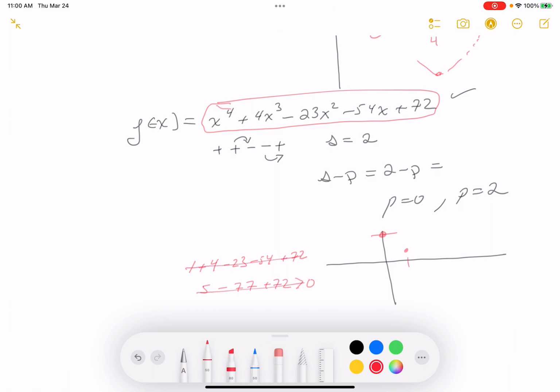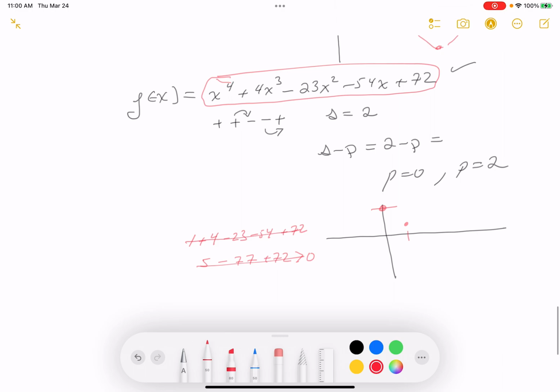Let me try 2. Let's put that down. We're at 2 now. Let's see what happens. What's 2 to the 4th power? 2 times 2 is 4, 8, 16. Plus 32 minus 23 times 4. Whoops, got a little excited there.